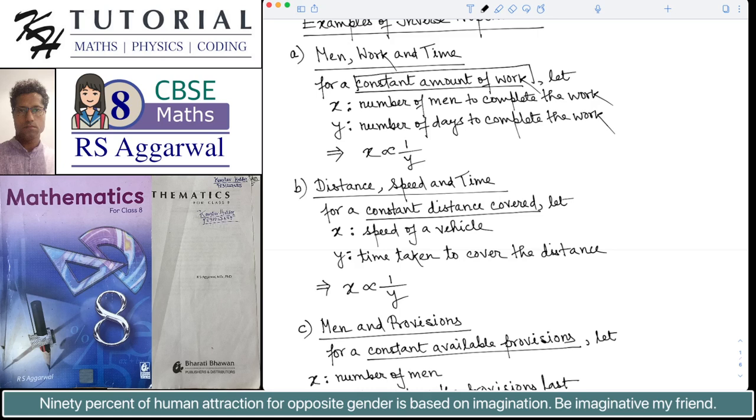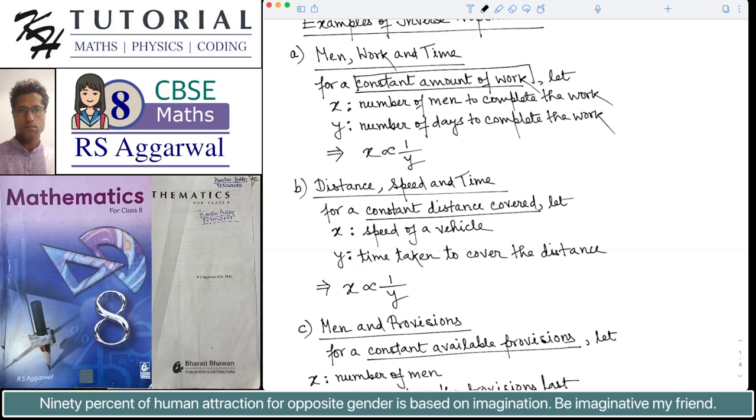So if the distance covered is kept constant, and we consider x to be the speed of the vehicle and y to be the time taken to cover that constant distance, then the quantities x and y will be inversely proportional.